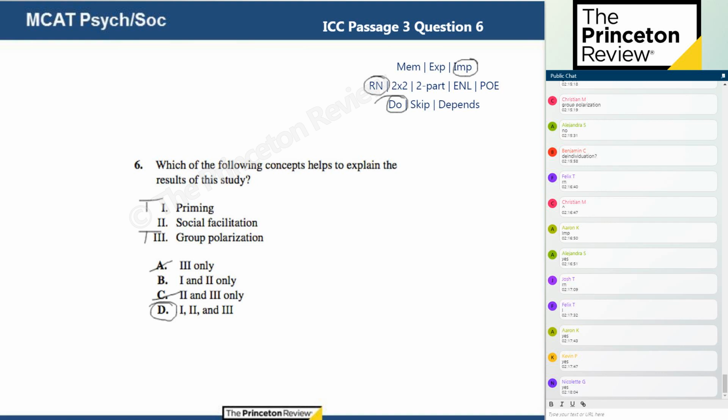All right, any questions about anything having to do with this ICC passage? I see somebody typing.